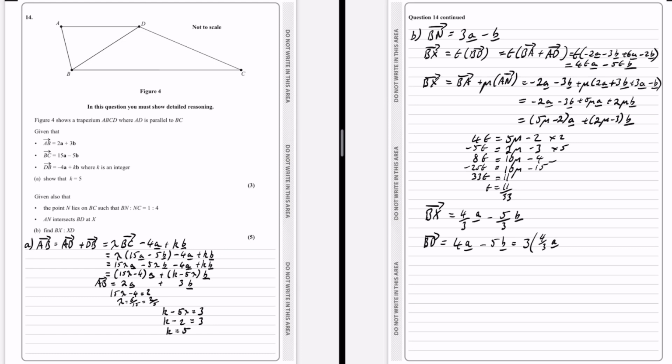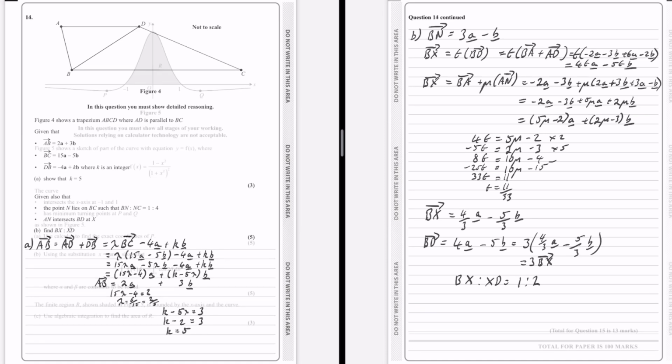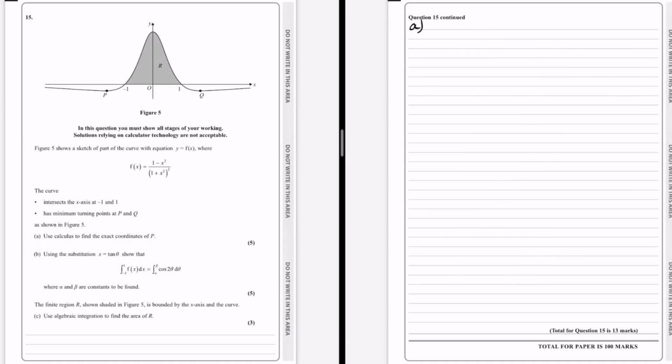You'll see why, because that's 3 lots of 4/3 little a minus 5/3 little b. Well, that's 3 lots of BX. So BD is 3 lots of BX. So essentially, BD is split up into 3 parts, all sized BX. And so finally, the ratio BX to XD will therefore be 1 to 2.